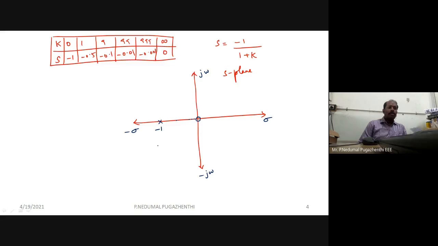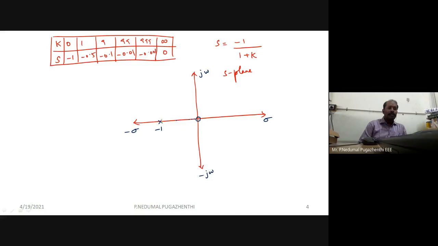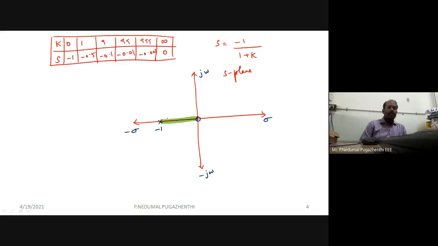So how will my root locus branch be moving? I think I can take a highlighter. See that it starts from the open loop pole and it will end at the open loop zero, but at K equal to infinity. So the direction of the root locus is going to be like this. It starts when K is equal to 0 and it will end at K equal to infinity here.